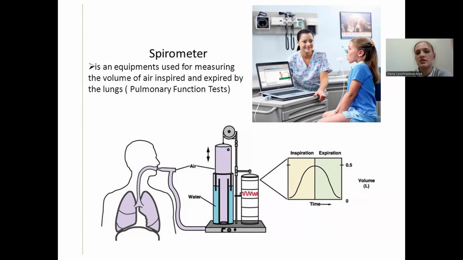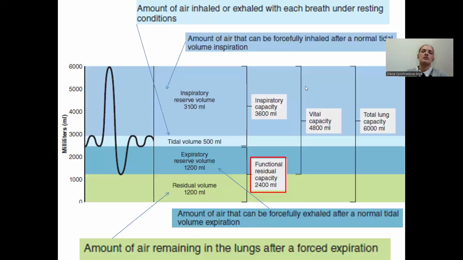During this method, spirometry, this is an old type in the photo, and this is a new one using a computer. And during spirometry, we can measure and register the next volumes.